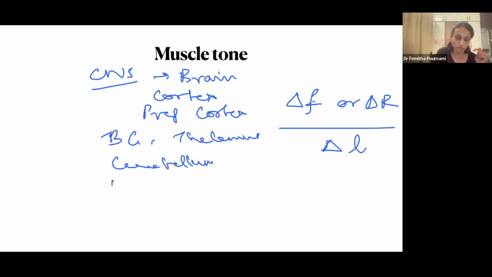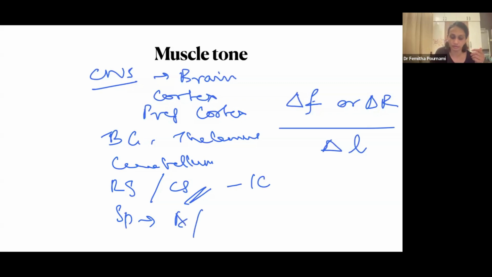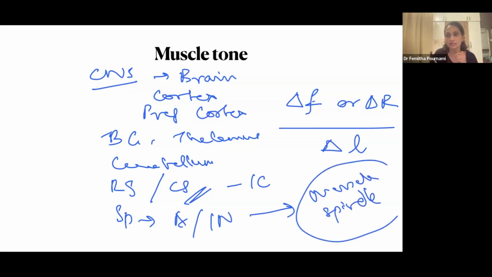Then you have the reticulospinal tracts or the corticospinal tracts that are coming down, through various areas like the internal capsule. Once you reach the spinal cord, you have the anterior horn cell, you have interneurons, and finally it is the muscle spindle, right? So finally what gives you the answer is what the muscle spindle is doing to whatever you have done to the baby. But the controls come way above that.